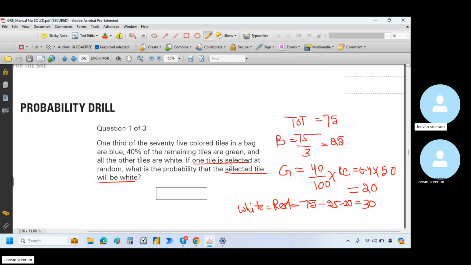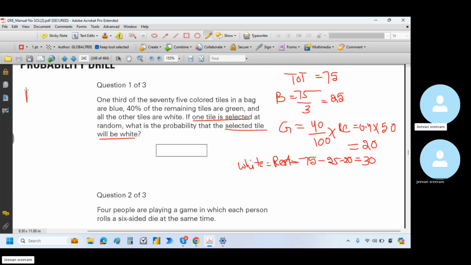If one tile is selected at a time, what's the probability the selected tile is white? That can happen only when you pick the tile from these 30 white tiles. So the favorable outcomes are 30 ways.